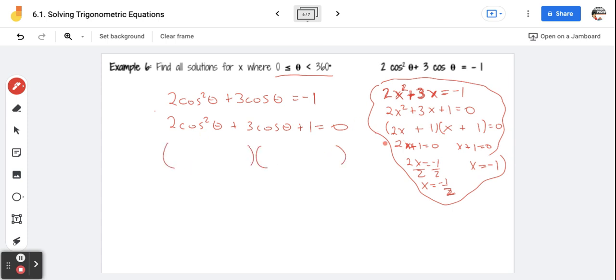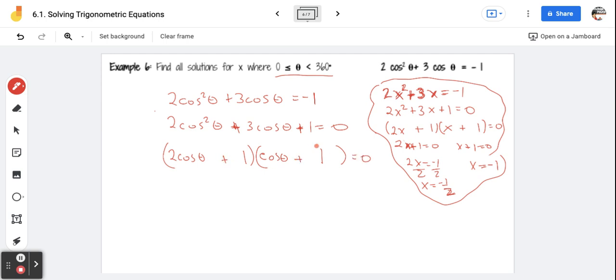It's going to factor the same way, just instead of an x, it's going to be a cosine theta. So I'm going to split 2 cosine squared into 2 cosine times 1 cosine, and split the 1 into 1 times 1. Both signs have to be the same, or they won't equal a +1, so plus plus or minus minus. To get them to equal a +3, when you combine the outside and inside, both have to be plus.